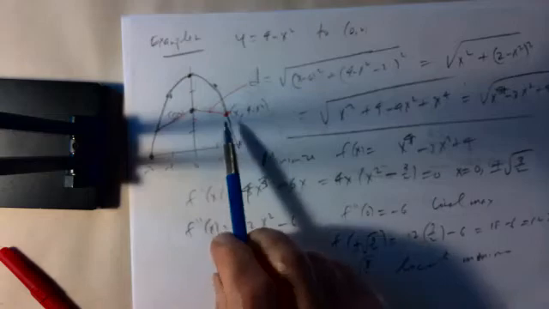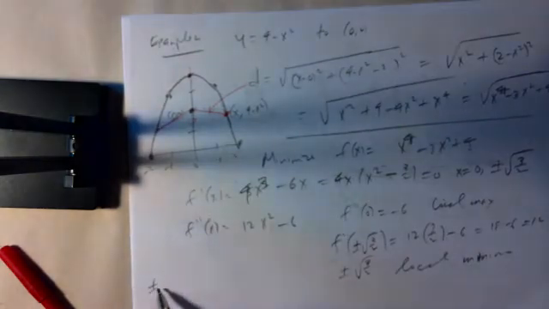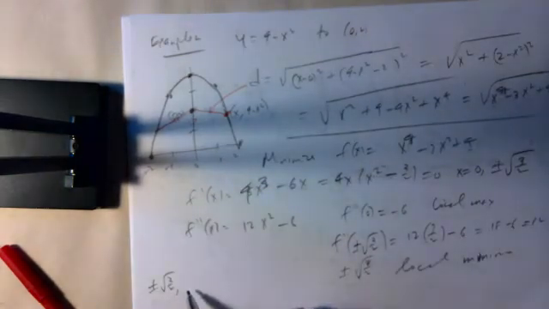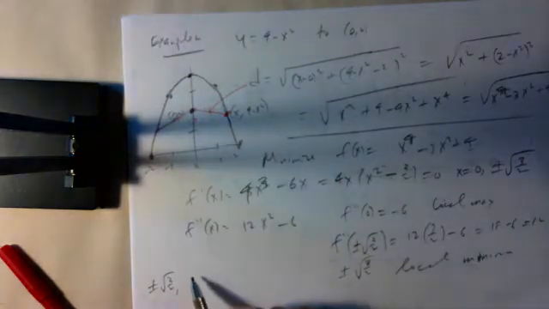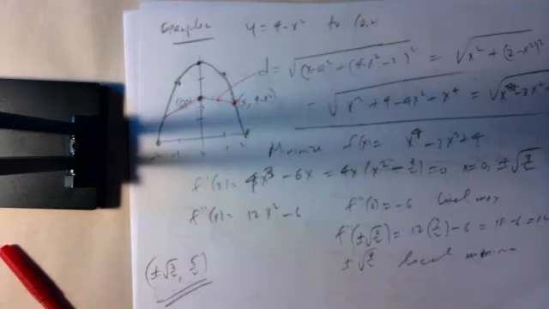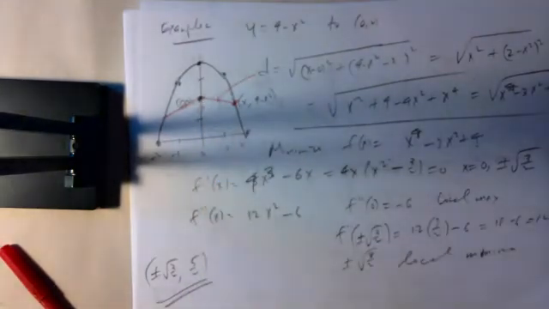That's what we want, a minimum, the closest, the smallest distance. So if we take the points plus or minus root 3/2 and 4 minus 3/2, which is 5/2, these are the 2 points on the parabola that are closest to the point 0, 2.